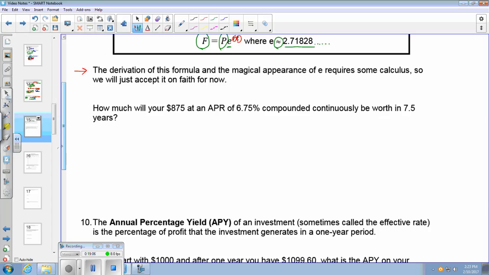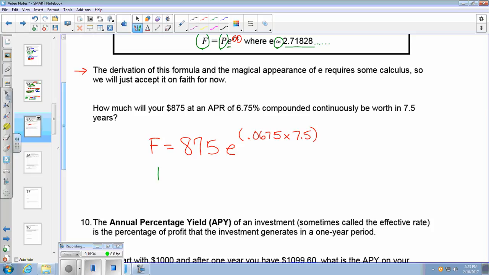The question below that: how much is $875 at an APR of 6 3/4% compounded continuously going to be worth in 7.5 years? Using this formula, there's our present value, e, and then in the exponent our interest rate times 7.5 years. We can use that half year because if it's compounded continuously, anytime we want to check the amount, we can.